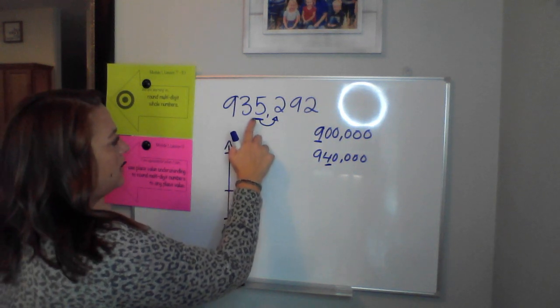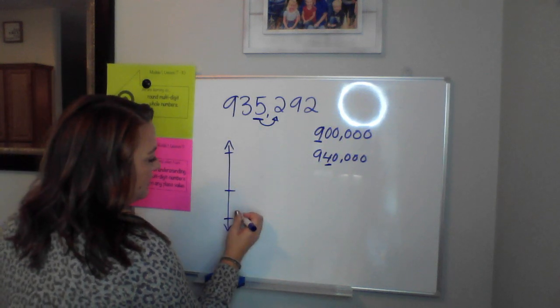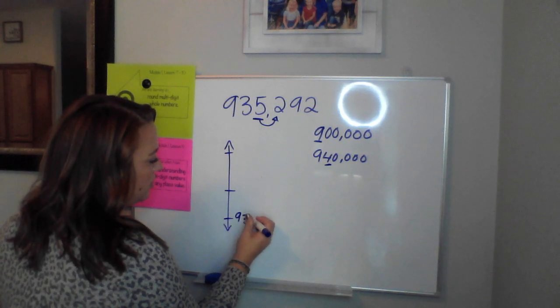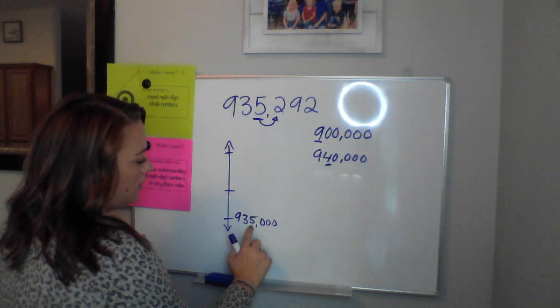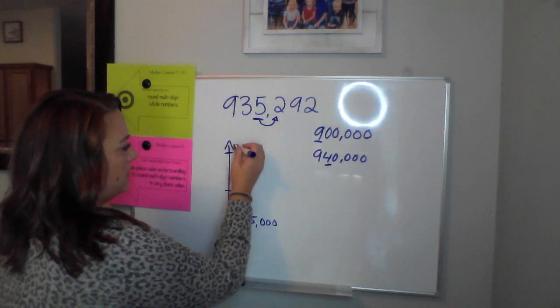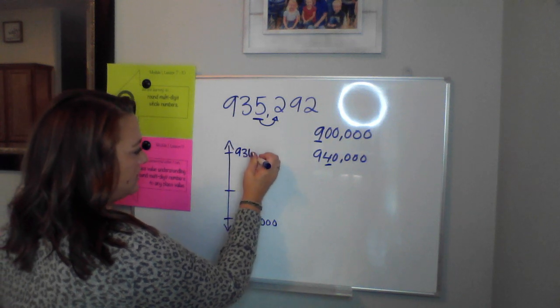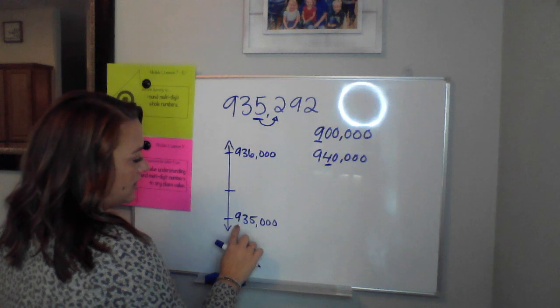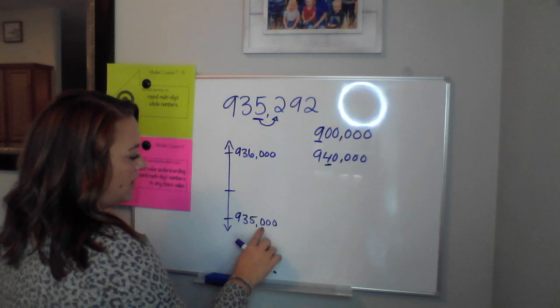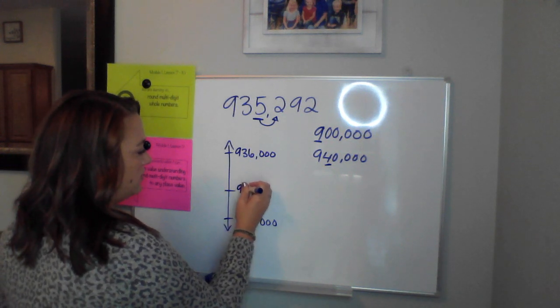So 935,000 is going to be my lower point. One more would be 6, so my high point would be 936,000. My midpoint is 935,500.